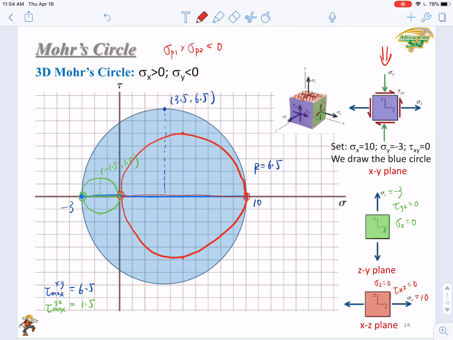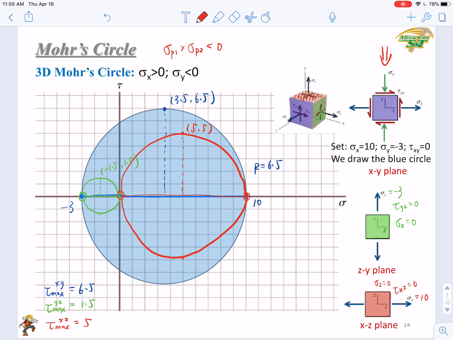And the red colored XZ plane, here the point coordinates will be 5, 5. So the tau max on the XZ plane will be 5.